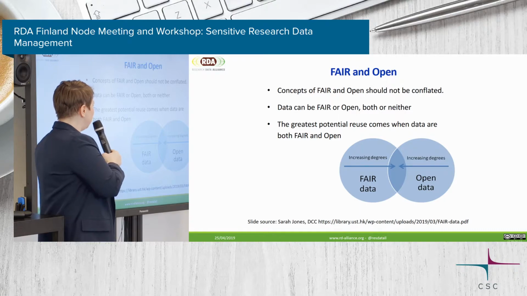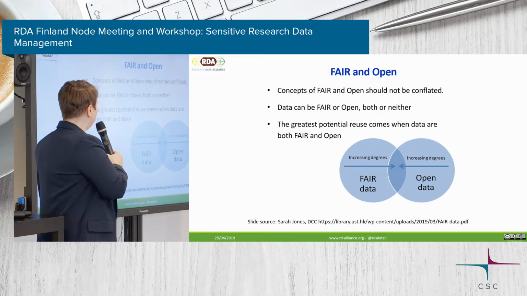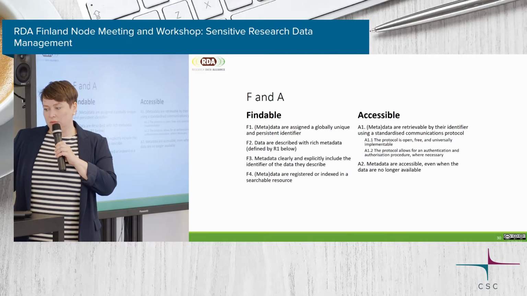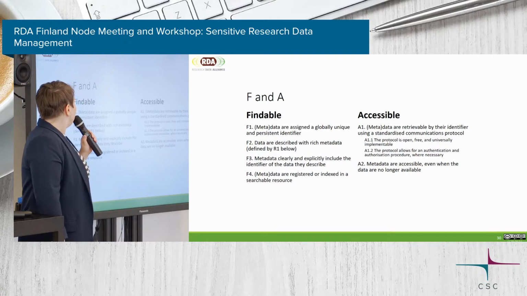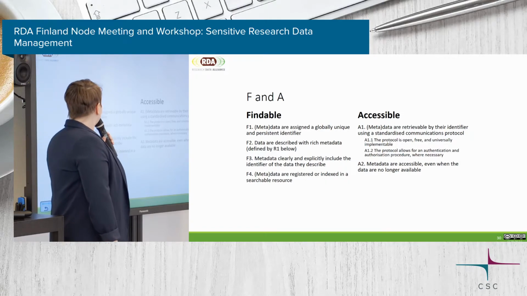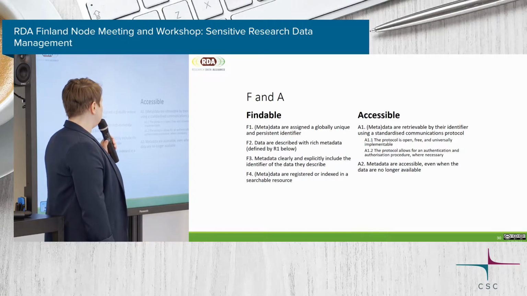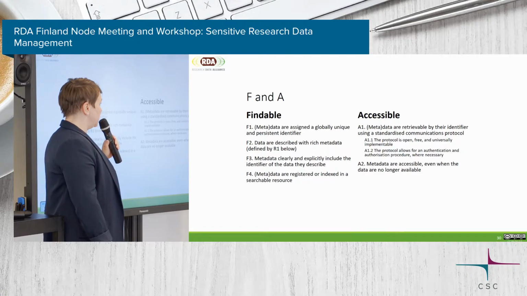So data can be both fair and open, and it should be when it's possible, but it's not entirely the same thing. So to take a closer look at the FAIR principles and what they entail, they are to a large extent about semantic interoperability of research data, how to make research data machine readable.